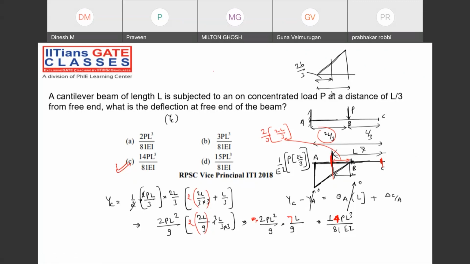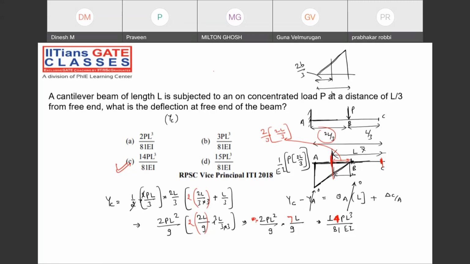We need to find the deflection at the load at the end of the beam. Yes, that is correct: 14 divided by 81, PL cube divided by EI. That is the correct answer.